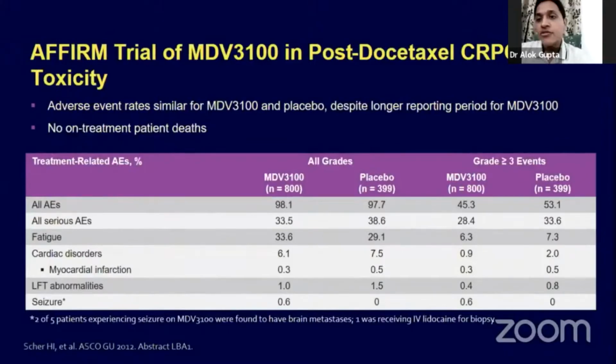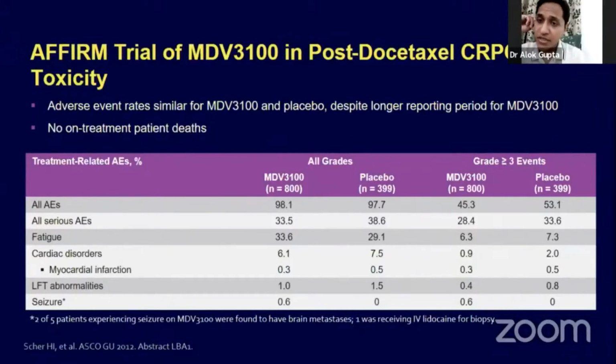Now, with regards to toxicity, it is interesting to note that as compared to placebo, the adverse event incidence was almost the same. In fact, a few of the adverse events were actually less with the use of enzalutamide than with placebo. One point to highlight about using enzalutamide is that there is an increased propensity to cause seizures, and that is one history which we always take in our patients before we start enzalutamide.